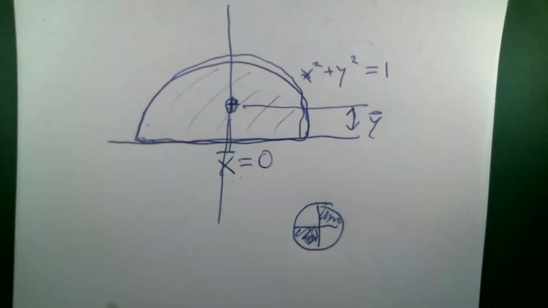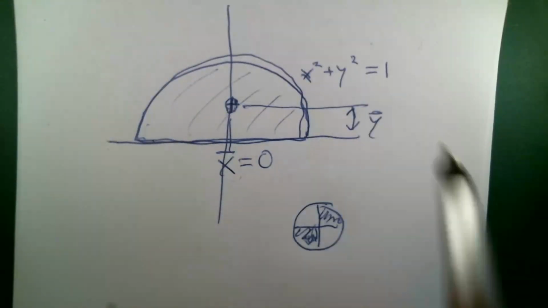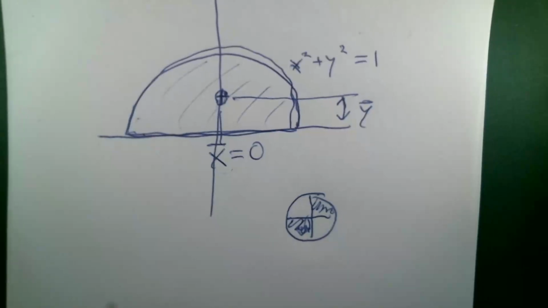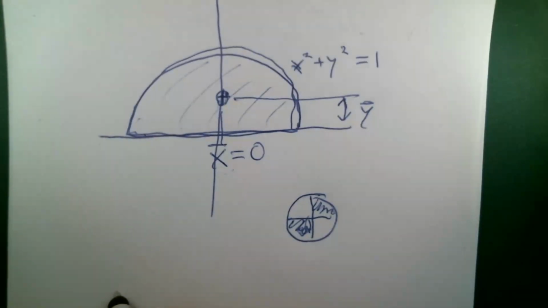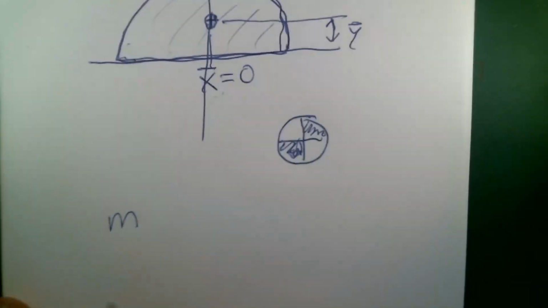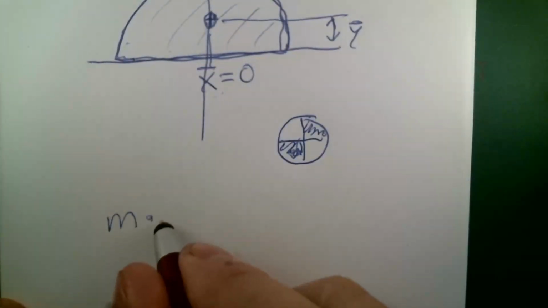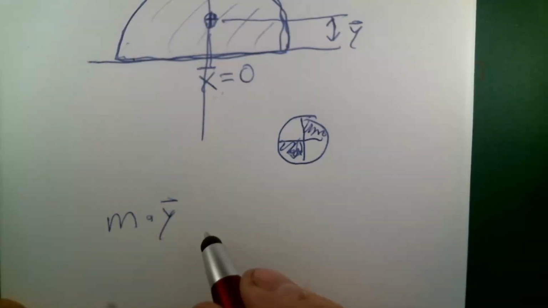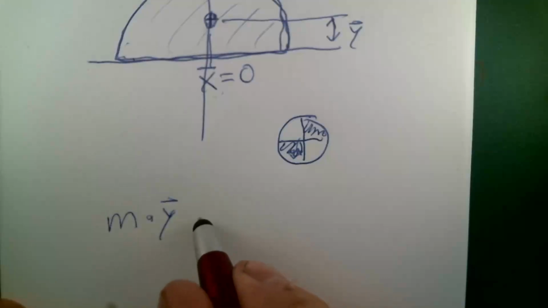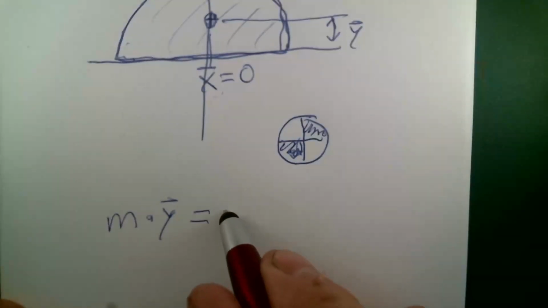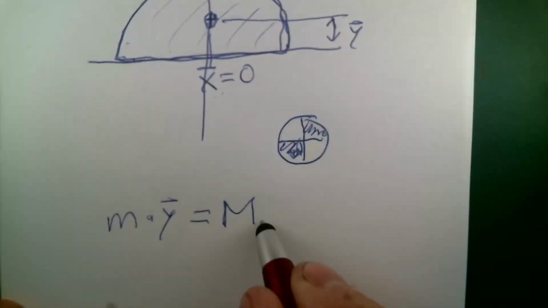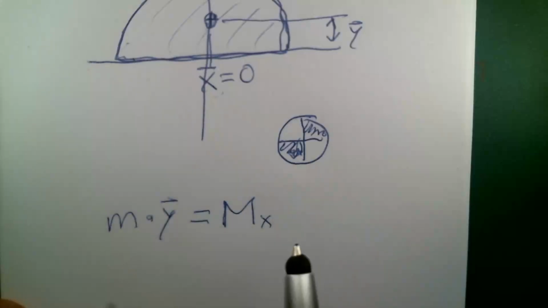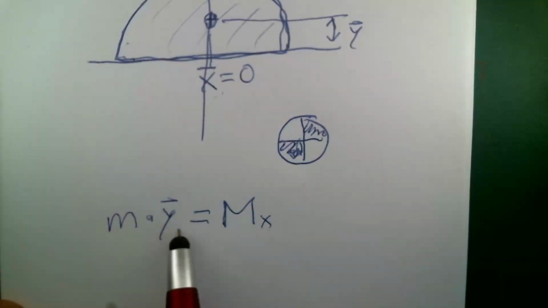All right, so can we actually calculate what y bar is? First, let me just say, if you figure out the total mass of this object and you multiply that by y bar, that ought to give you the same result as if you added up the pieces by doing a double integral. That should give you what we call the moment around x. Do notice that the variables are opposite one another.